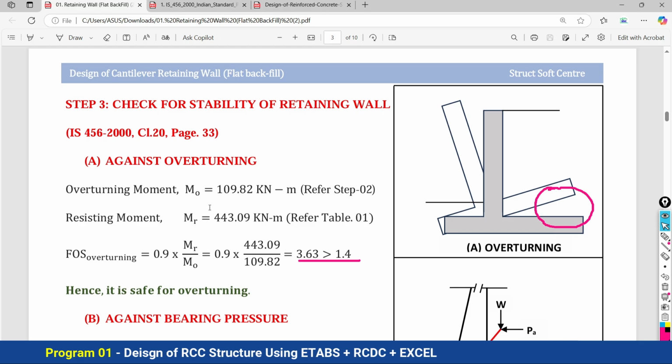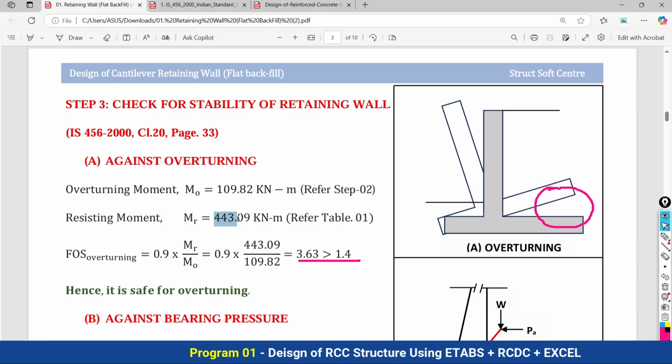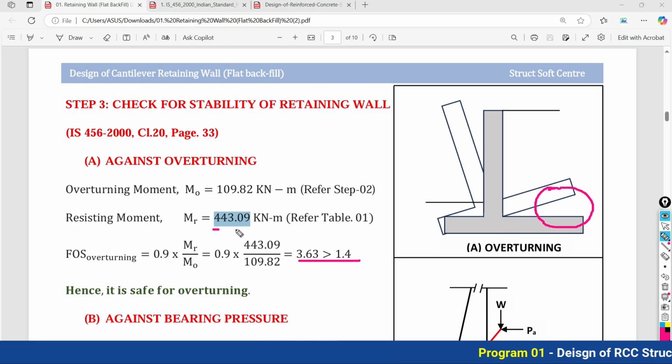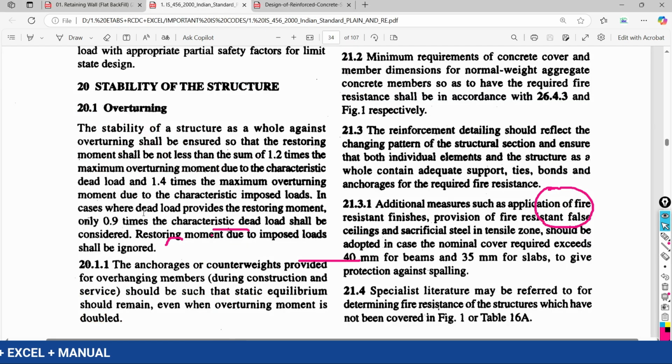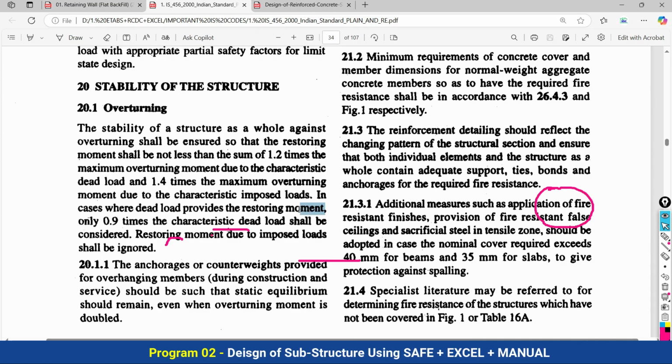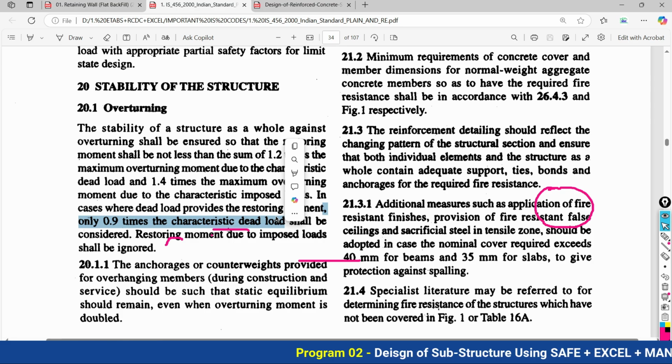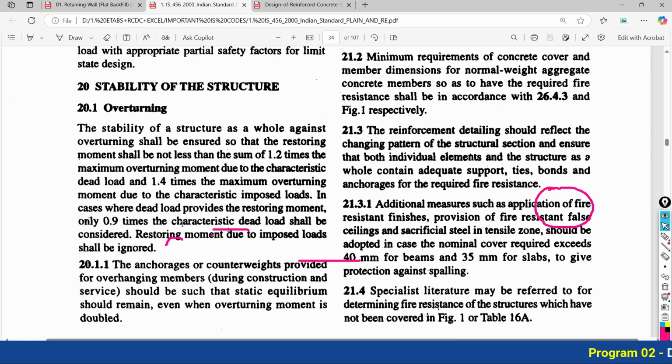Now we are going to reduce this resisting moment by 10%. We are going to consider only 90% of this resisting moment, because we are going to take some safety as recommended by IS 456. IS 456 says that where dead load provides the restoring moment, meaning the self weight of the retaining wall and the soil in the gravitational direction, only 0.9 times the characteristic dead load shall be considered.